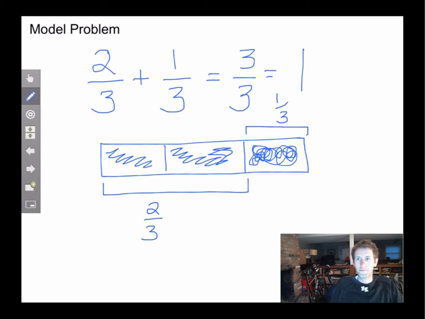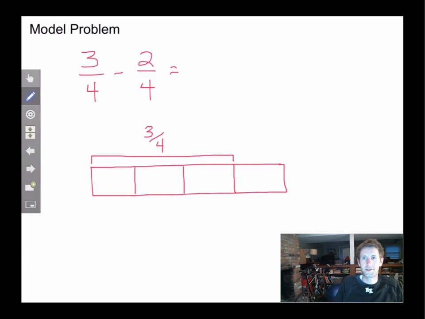Now the next half of our model problem, pardon the fraction pun, is how can we subtract fractions? Right here I have 3/4 minus 2/4. With 3/4 minus 2/4, you're still dealing with the same one whole that you can see in the tape diagram I've drawn below.